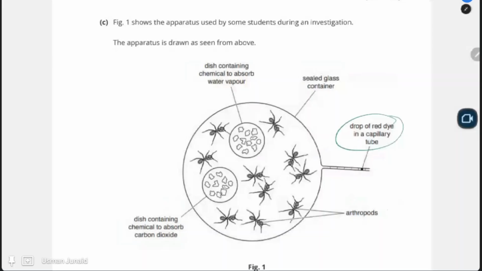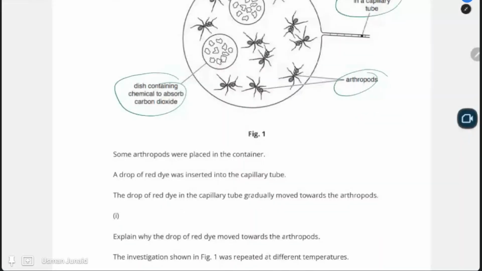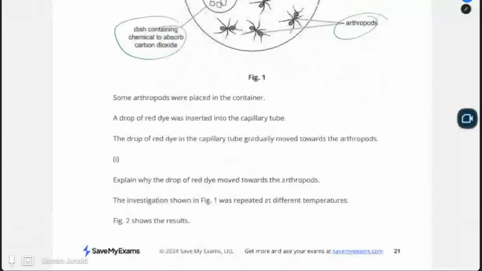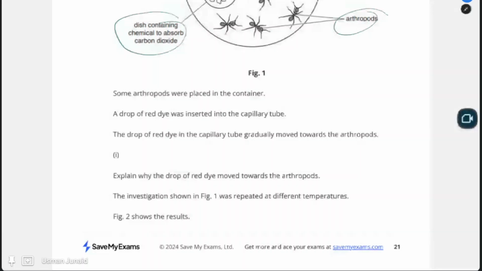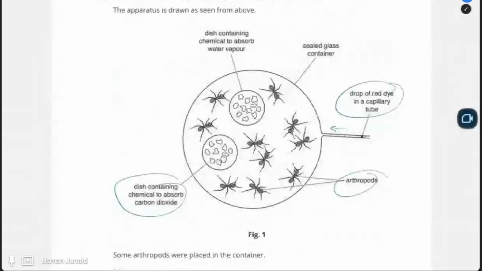Some arthropods were placed in the container. A red drop of dye was inserted into the capillary tube. The drop of dye gradually moved towards the arthropods, towards the experimental jar. Explain why the drop of red dye moved towards the arthropods. Can you tell what's happening here?